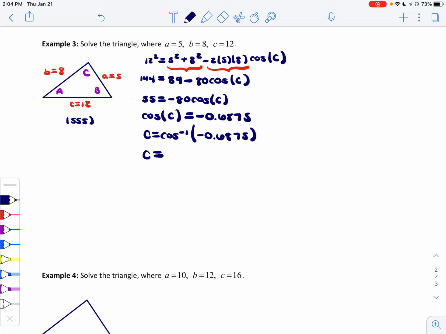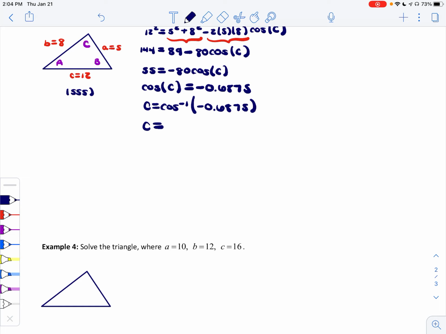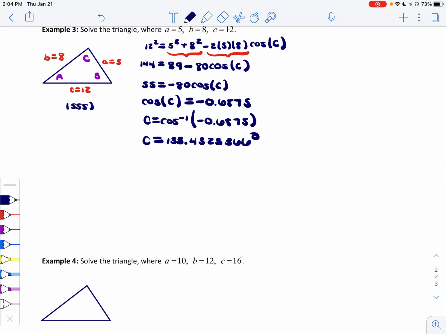So inverse cosine of that number, and we come out with our angle C being 133.432536 degrees. All right, so that's our first angle.